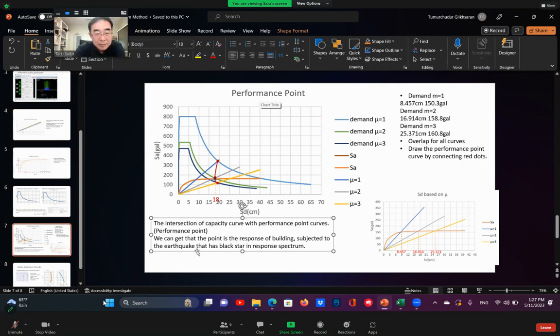And after that, we can understand that the point is the response of the building subject to the earthquake that has the black star in here, in the response spectrum. And this black star here is actually 18 centimeter.